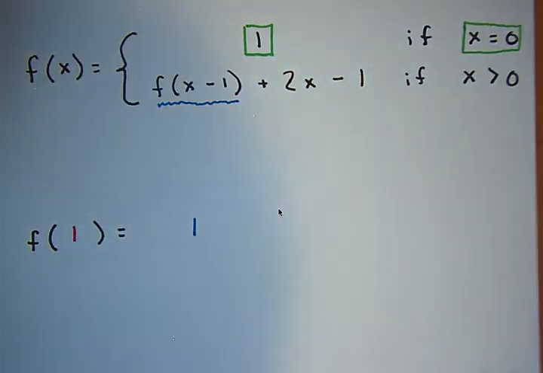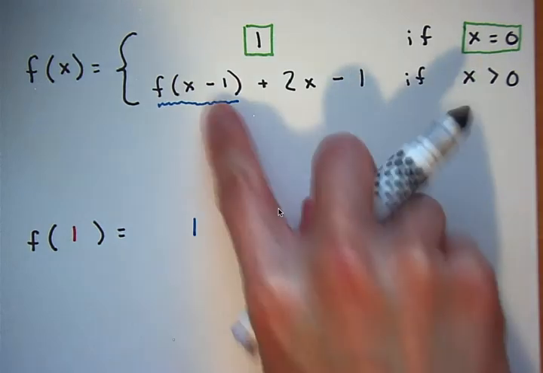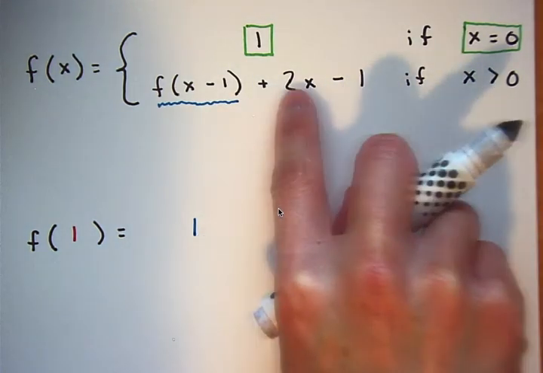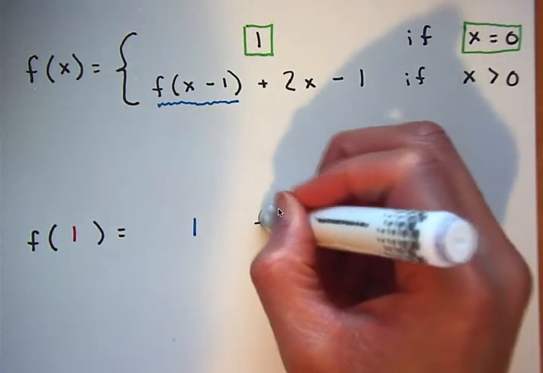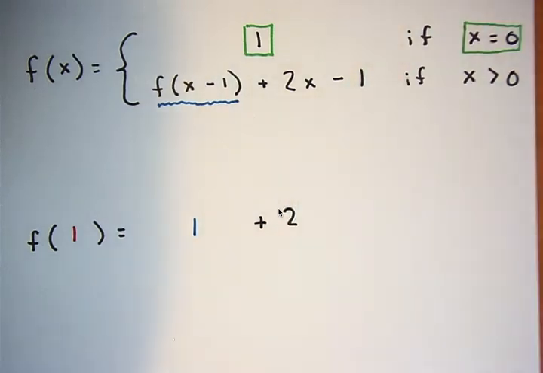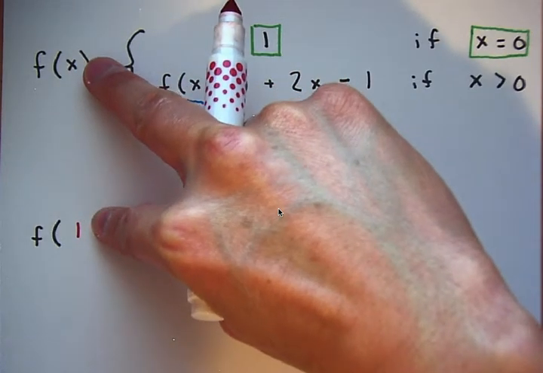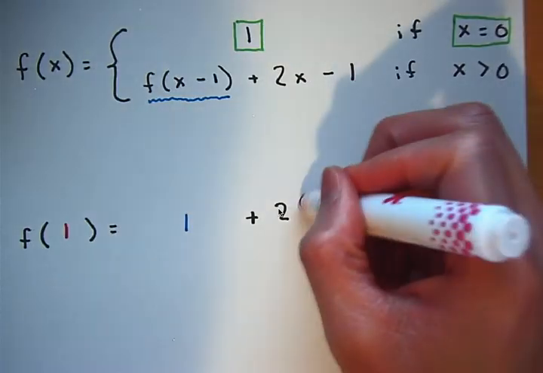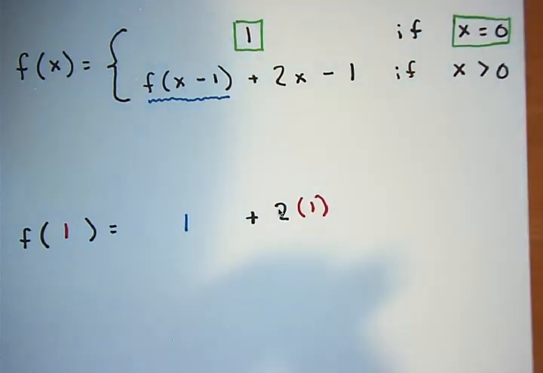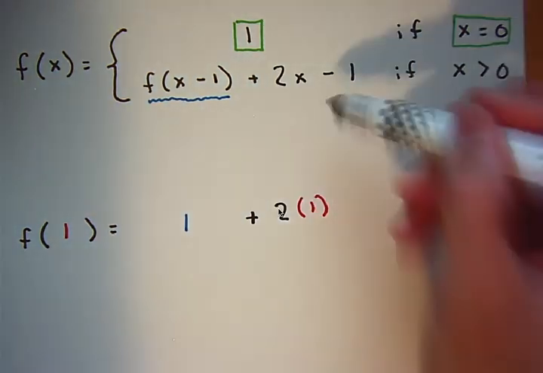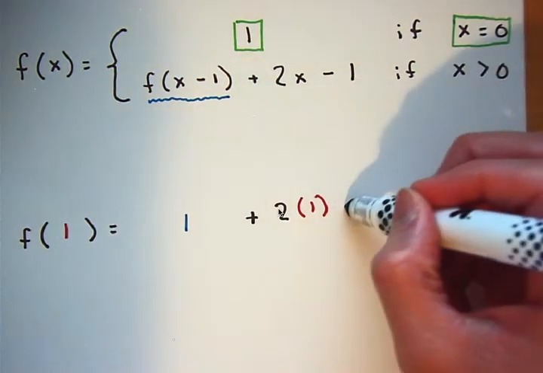All right. So this is previous y plus 2x. And my x is equal to 1 right now. So this is my 2x is 2 times 1. And then minus 1.